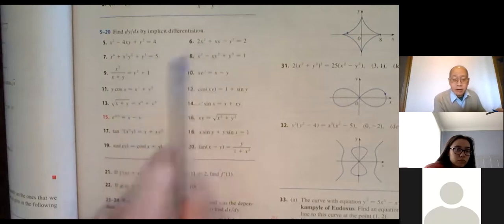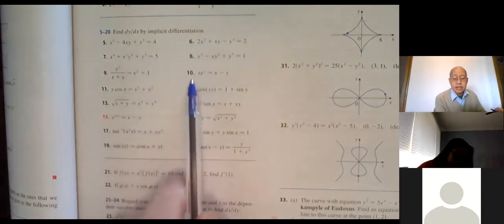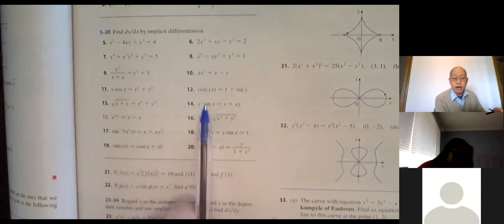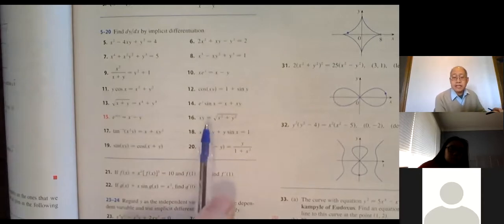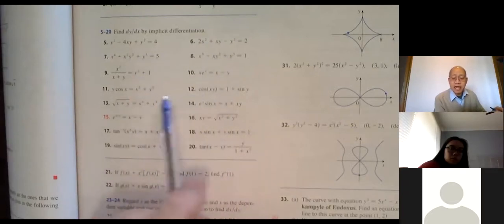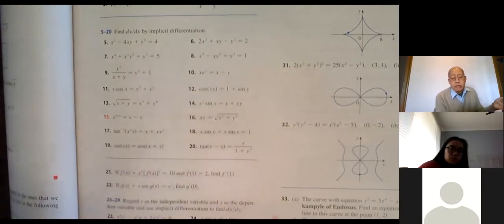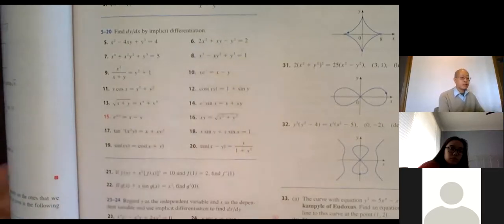Well, sometimes you can't. It's either too difficult or impossible. If you have y as a function of x, that's explicit differentiation. But here you can't easily solve for y, and we still want to talk about a derivative. That's where you have something called implicit differentiation.